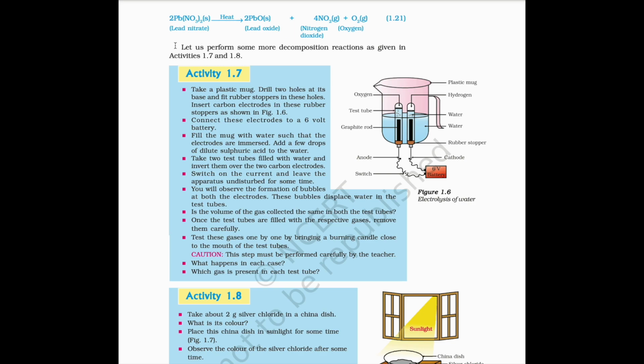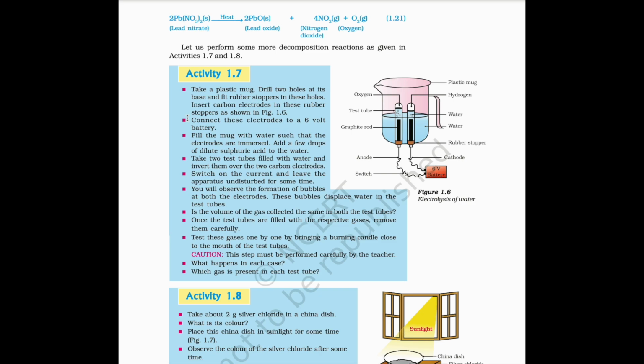Let us perform some more decomposition reactions as given in activities 1.7 and 1.8. Activity 1.7. Take a plastic mug, drill 2 holes at its base and fit rubber stoppers in these holes. Insert carbon electrodes in these rubber stoppers as shown in figure 1.6.